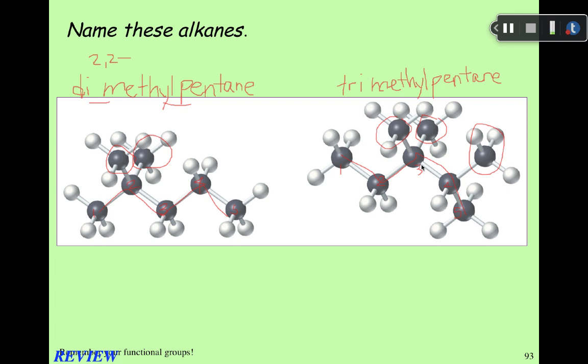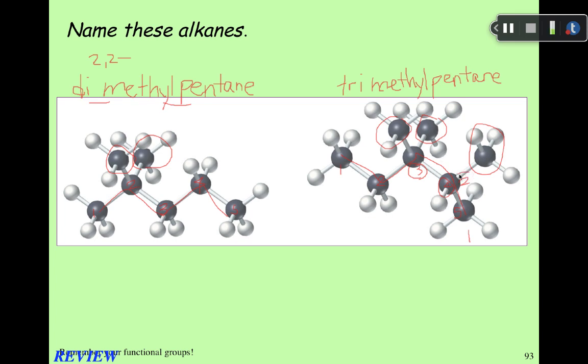And now we have to describe what number they're on. Are we going to describe them as being on 3 twice and 4? Or is there a way to do lower numbers? Guess what? There actually are lower numbers. So what if we start on this end? Then we have 1 and 2 and then 3.